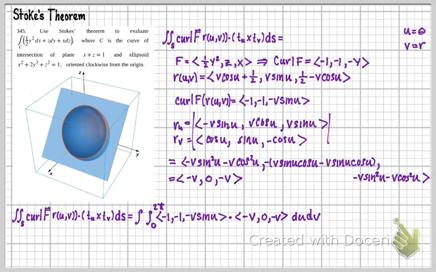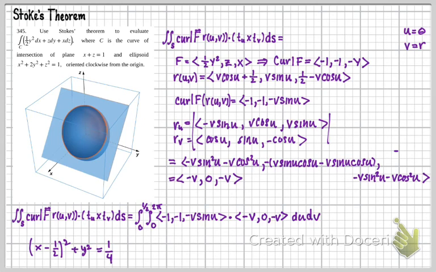And now we need to talk about our v. Our v is our r here. And do you remember where we get our r(u,v) from? It was the equation, this equation here. And that equation says that my radius was actually 1/2. So this would go from 0 to 1/2 for my v.